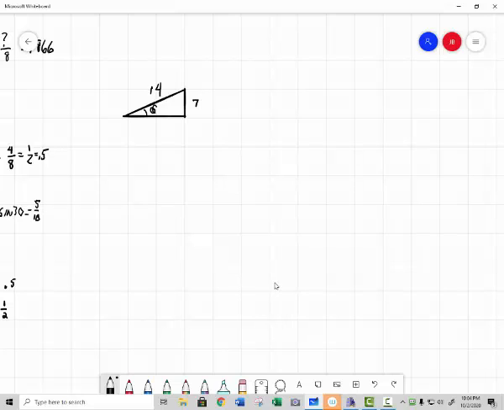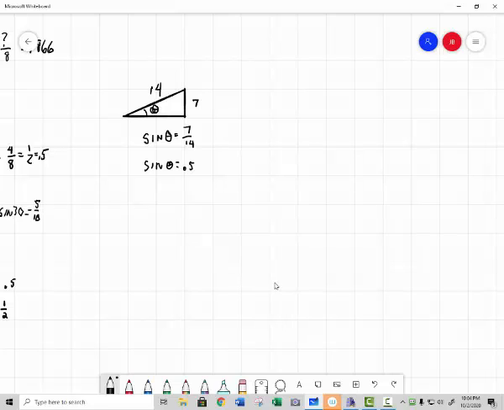And I don't know what this is right here. But I do know that the sine of theta is the opposite divided by the hypotenuse. So I know that the sine of theta is 0.5. That's a half.